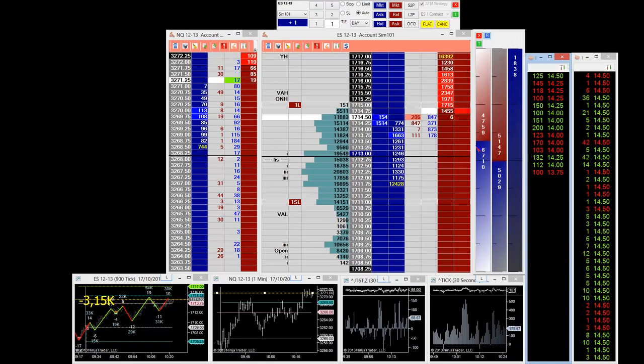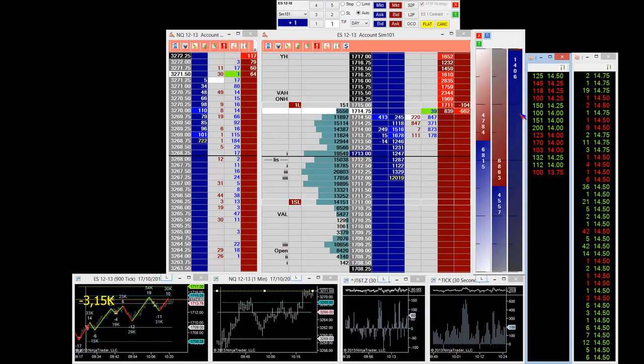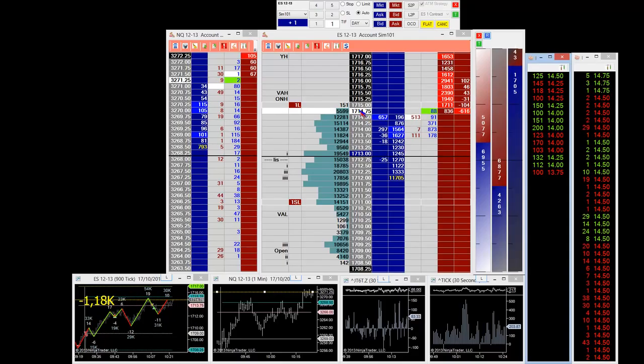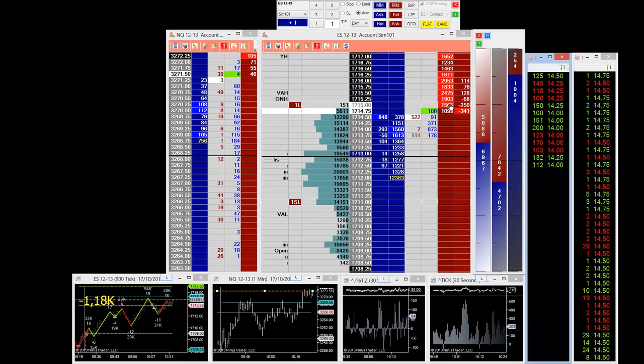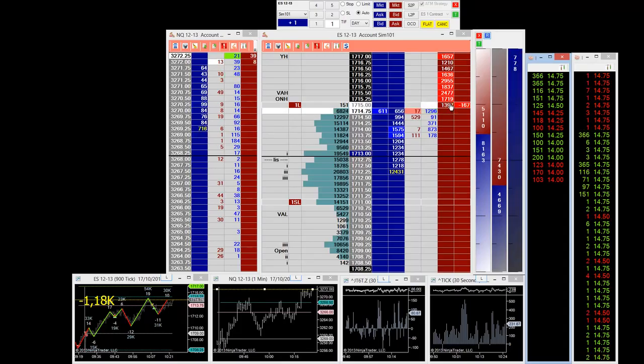Okay, so we still got it working our way up. Okay, we didn't get panicked out yet. Again, terrible place for a target. The reason 1715 is a terrible place for a target, I need 1,500 contracts to trade at 1715 to get a fill on that order. And the thing is, if it goes through the high of the day, it's probably going to pop 2 or 3 ticks anyway, right?